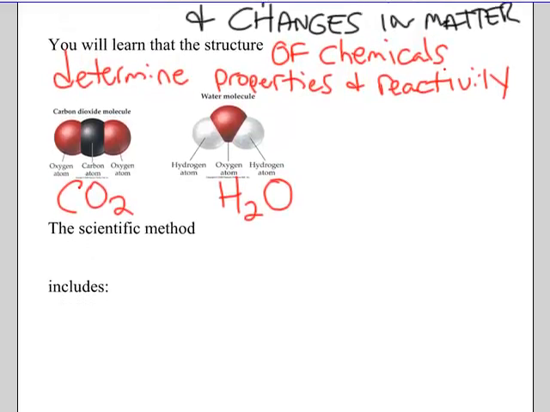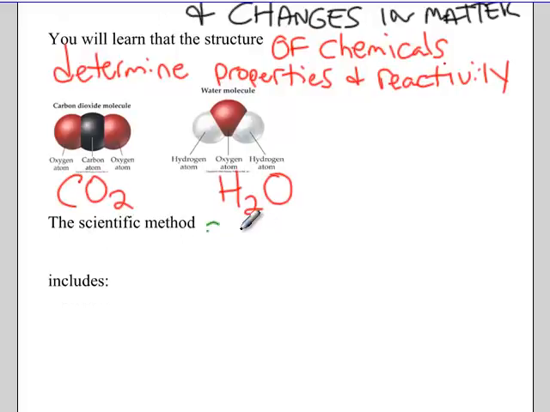The scientific method is a process that's used to try to understand nature.